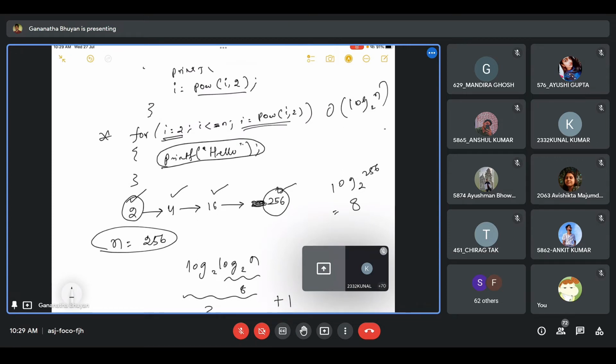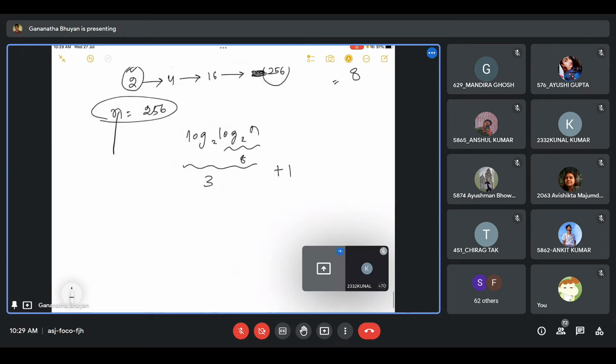Okay, if this equal to is not there, then this plus 1 is also not required. Getting it? क्योंकि log 256 का वैल्यू कितना है? 8, and log 8 का वैल्यू कितना है? 3.